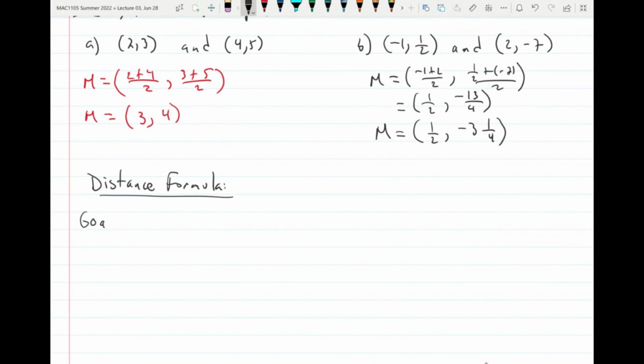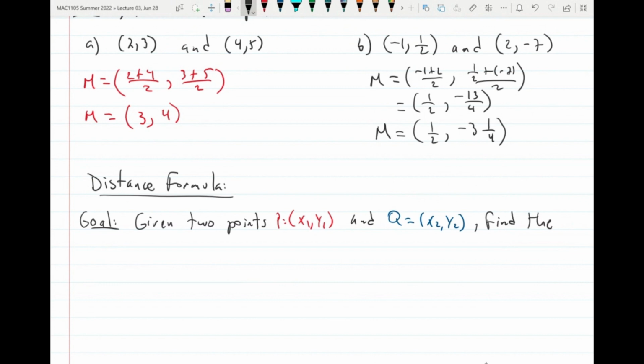The goal here is, given two points, P being x1, y1, and Q being x2, y2, find the distance between them, which means the length of the line segment connecting the two. All right, so that's our goal. That's what we want to do.